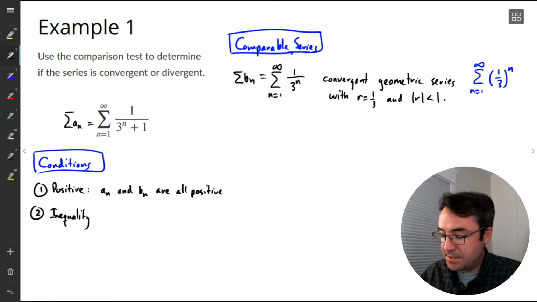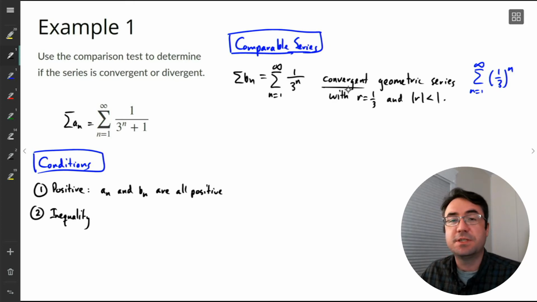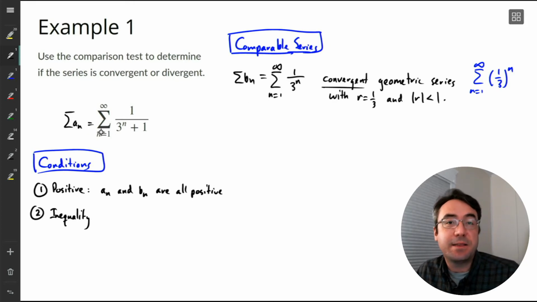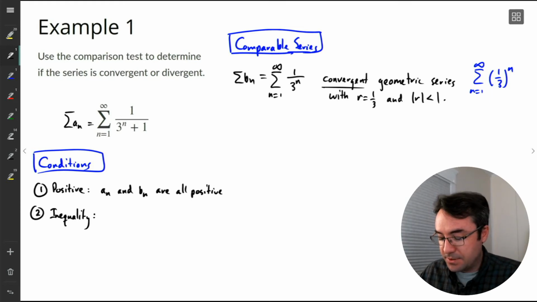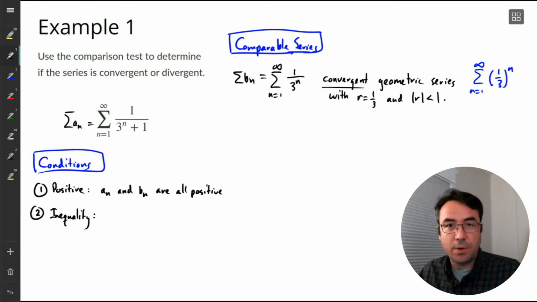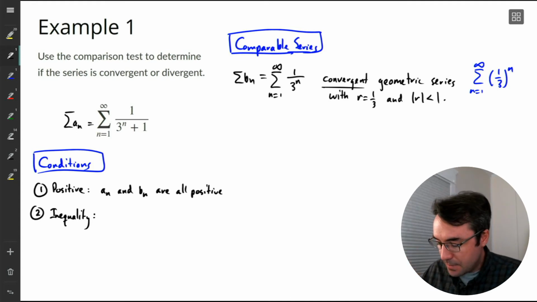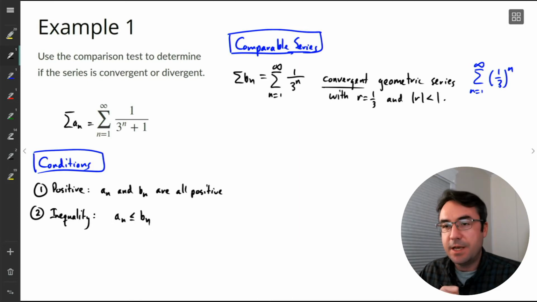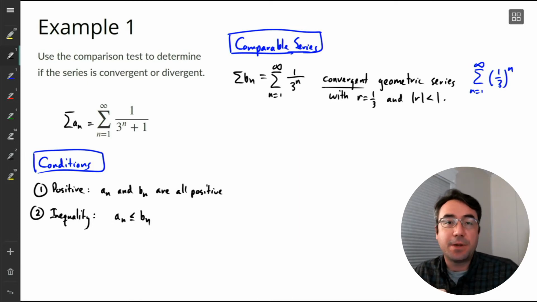And since we know sigma bn is convergent, a convergent geometric series, we suspect that sigma an is going to converge as well. So when we actually go show the inequality, we have to show the right inequality. For convergence, the one we use is an is less than or equal to bn.